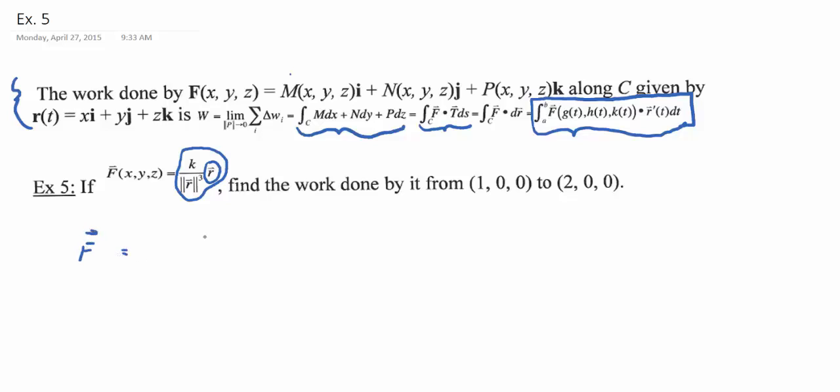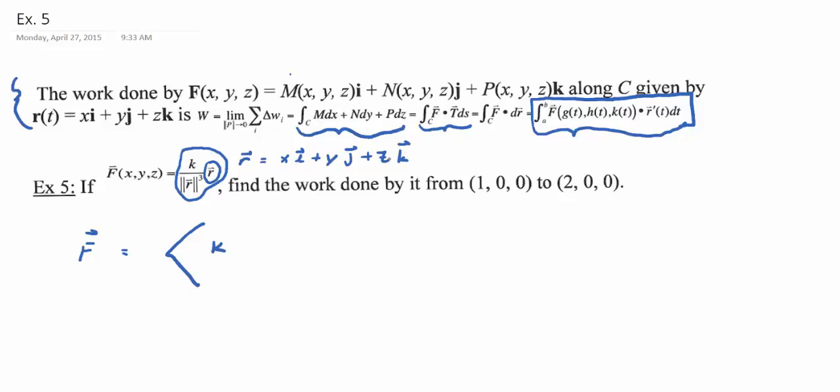Most students are really comfortable with component form, so let's use that. F equals k times, all right, let's think about this. r could be considered just a position vector, x i plus y j plus z k.